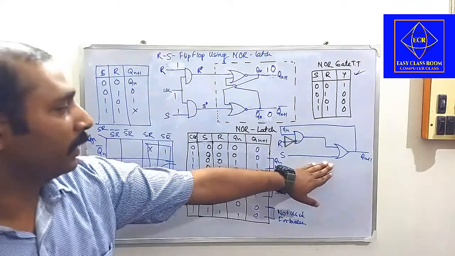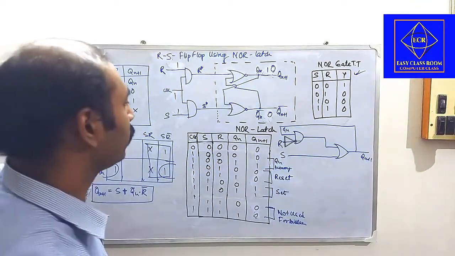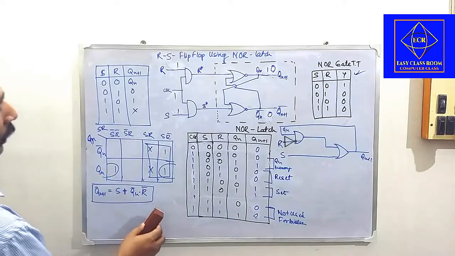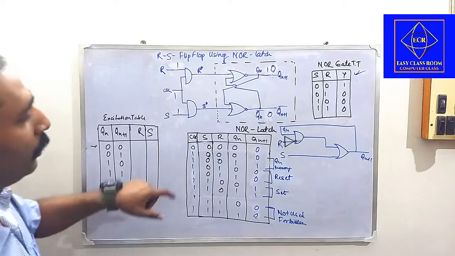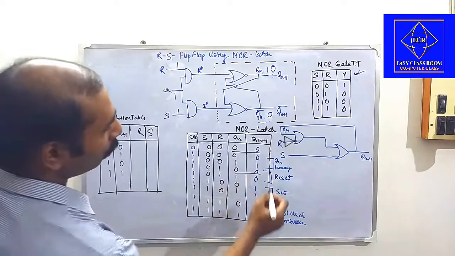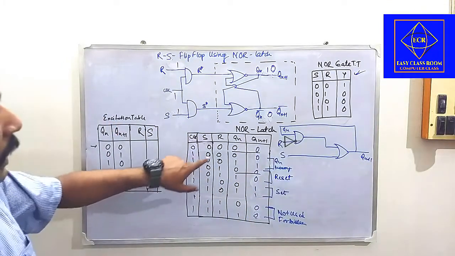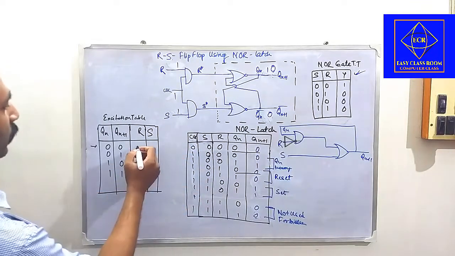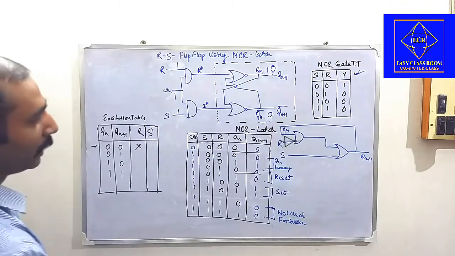So this is the circuit, and if we want to get the excitation table from this, how will we get it? This is the excitation table, and we are getting here. In these cases, what we see is R is changing, so we can straight away put a cross, and S is not changing, right?